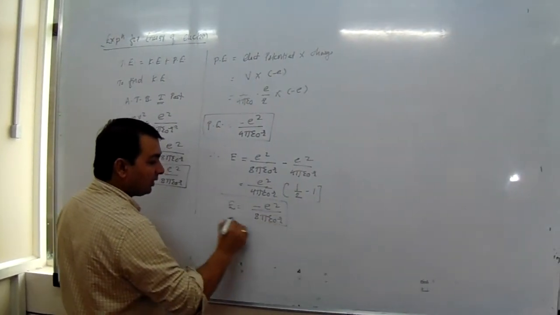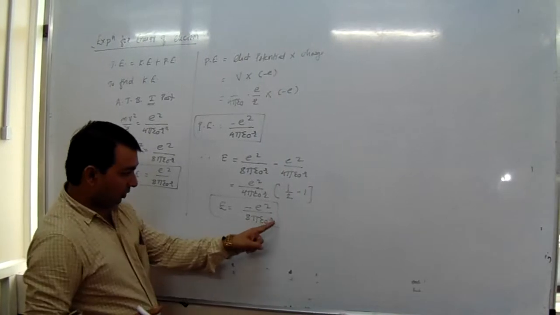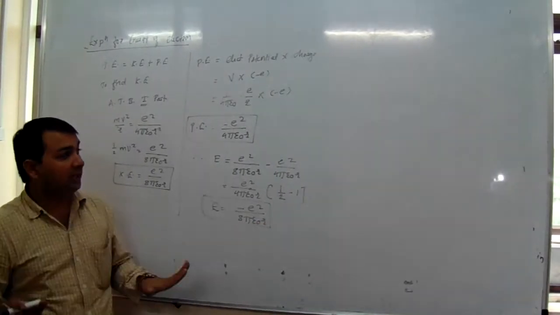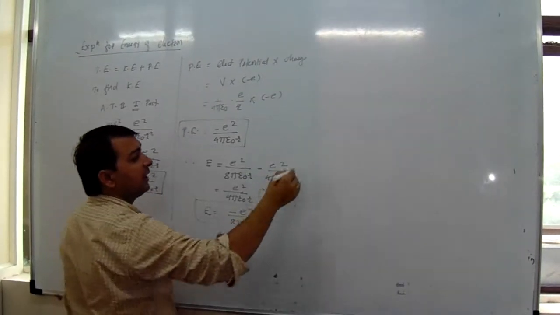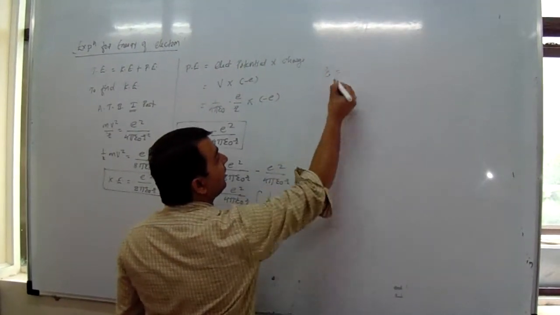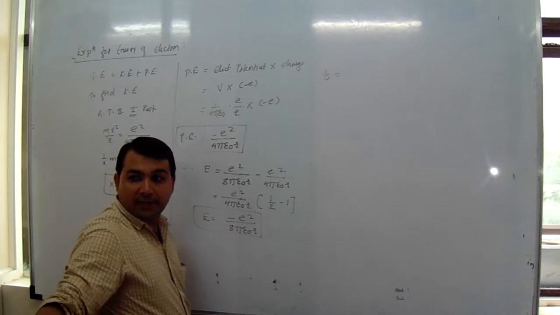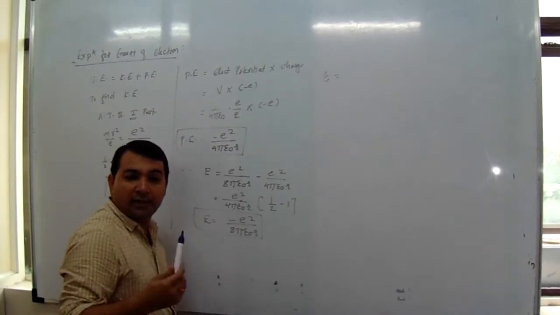This is the formula for total energy in terms of radius. In case we don't know the radius, we have just seen the expression for radius. What is the expression for radius?